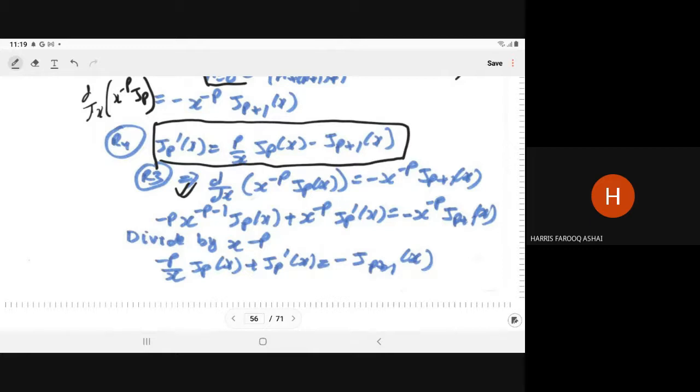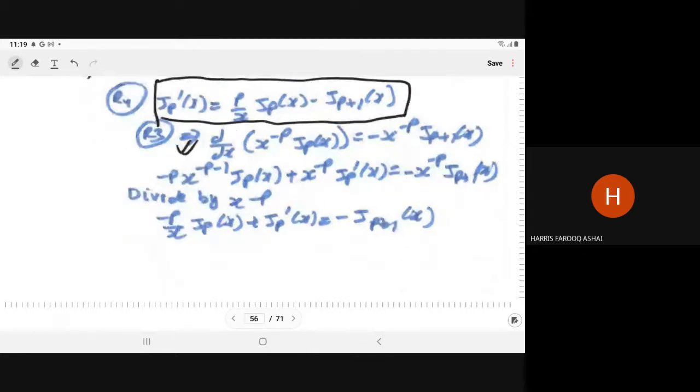If you take the derivative on both sides, the first derivative is minus p x to power minus p minus 1 Jp, plus on the left hand side plus x to power minus p Jp dash, and when you divide it by x to power minus p, here you will get minus p upon x Jp plus Jp dash is equal to minus Jp plus 1. That is the fourth recurrence relation. Clear?